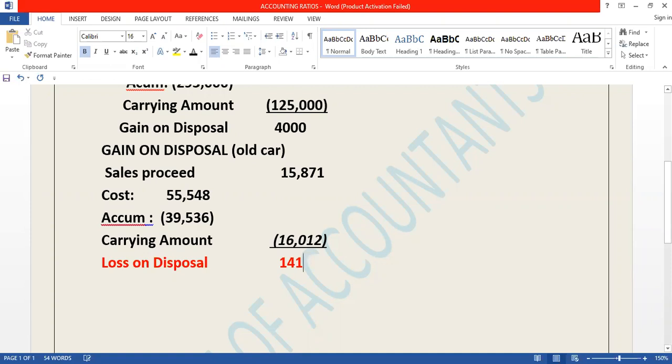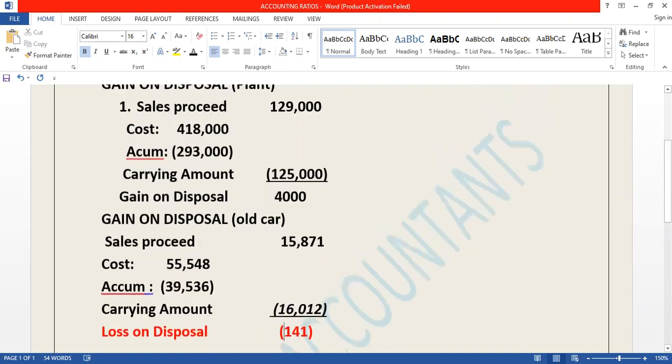Yes. Okay, so that is the loss on that disposal of the asset. Do you have any question concerning that? No. Not at all. Okay, so it means we are good to go. We have done the first one.